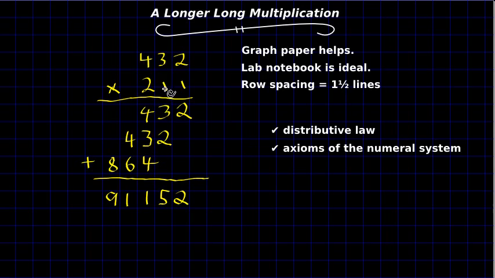This is 432 times 10 with an implicit 0 here. This is 432 times 200 with a couple of implicit zeros here, and we're using the columns to take care of the place value. So at one level, it's just a mechanical algorithm that you can do without thinking, but at another level, it's entirely well-founded in terms of the axioms of arithmetic.